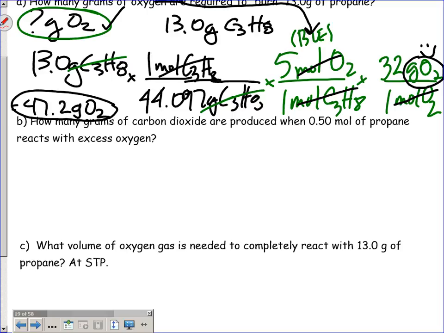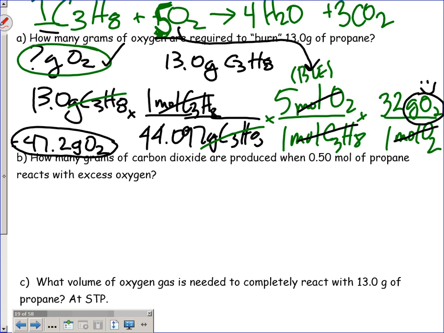Scroll back up. You have this on your paper too, so scroll up a little bit. Oh, there you go, right there.